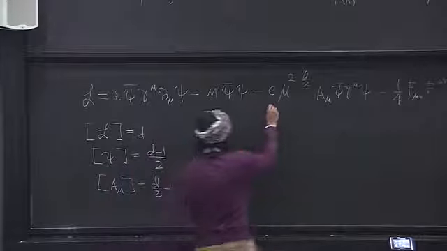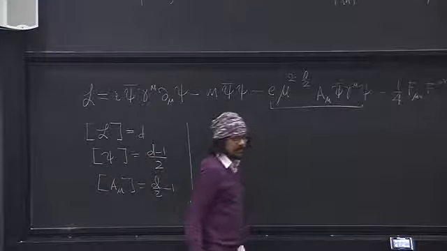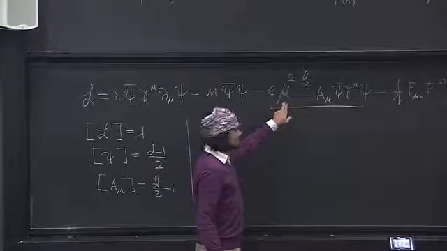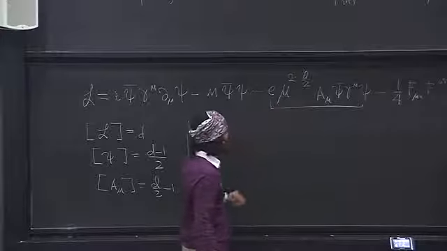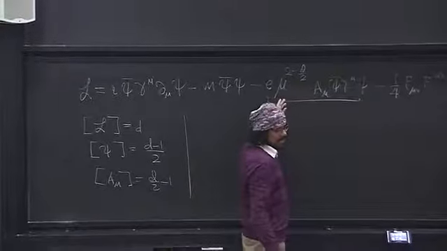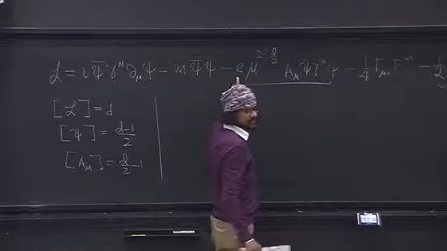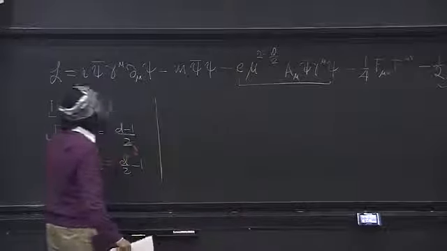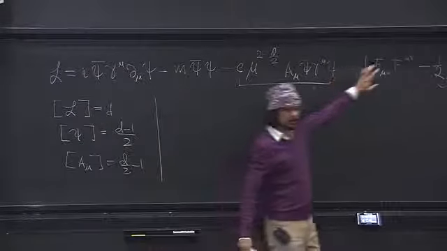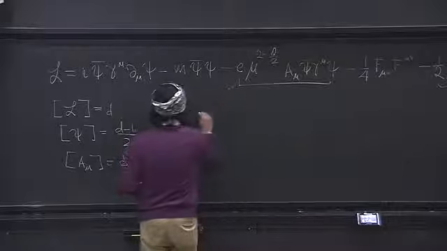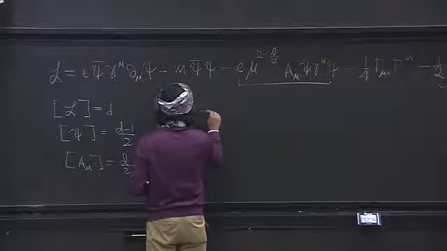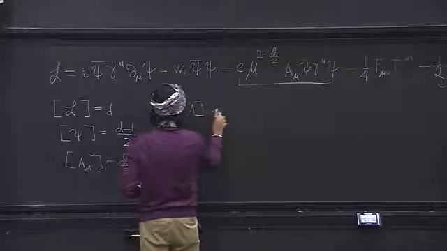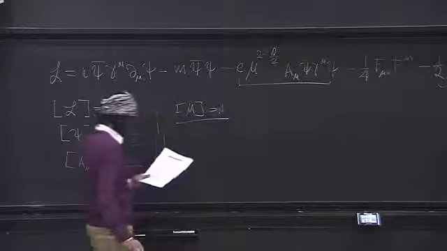So for this term to have dimension d, we have to introduce a new dimensionful parameter, mu. We don't have any choice in this if we want to keep e dimensionless, because the dimensions of A, psi, and psi bar are fixed by the kinetic term, this one and this one. So mu is some dimensionful parameter, with mass dimension 1.